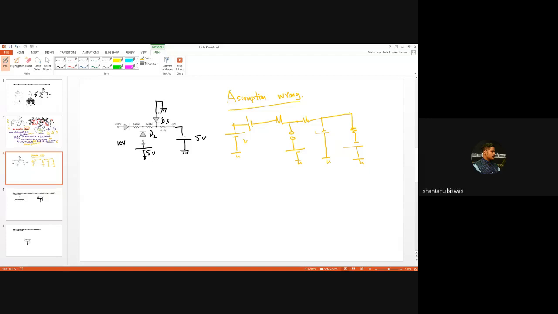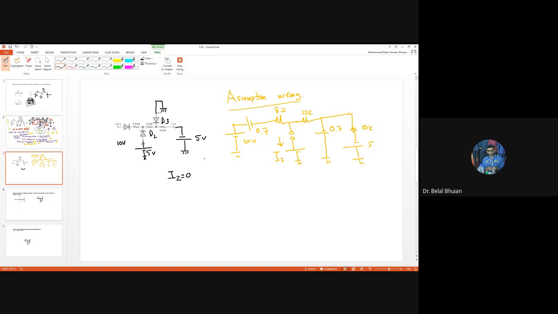So that means 10 volt, 0.7, 8.2, then 12K, 0.7, 10K, 5 volt. So our I2 is what? The first thing is that I2 is 0, since the diode is off.